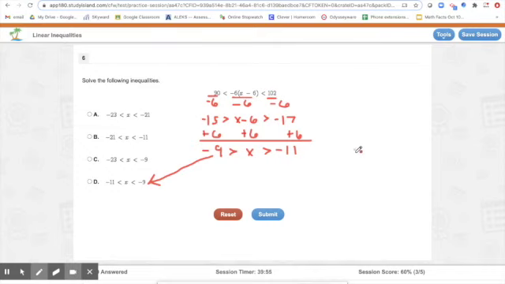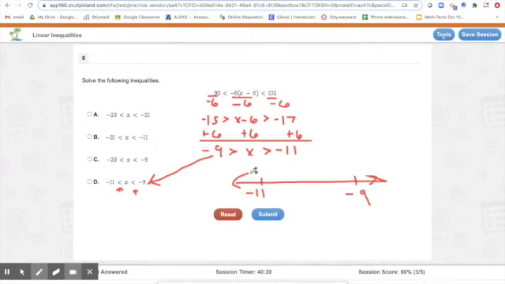And the reason it's not in the same order is a lot of times when you write inequalities, from left to right, you want to go from least to greatest, just kind of like how they would appear on a number line. If I was putting these numbers on a number line, -11 is farther to the left than -9 is. So they like to switch things around. And notice when you switch things around, the inequalities get flipped again.